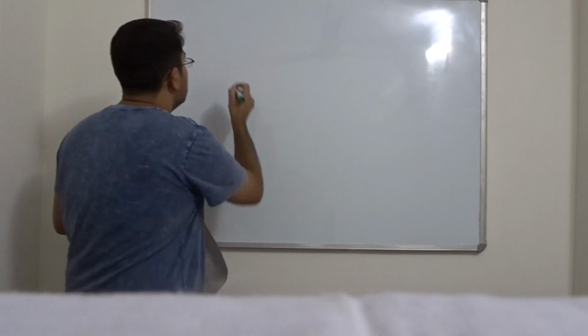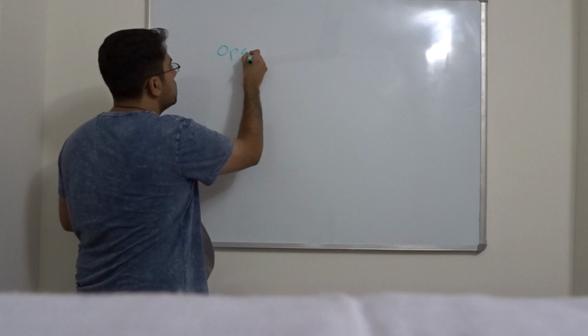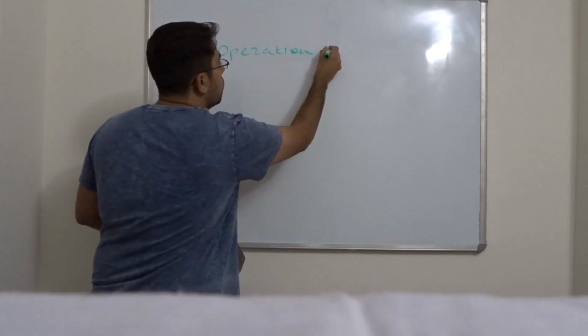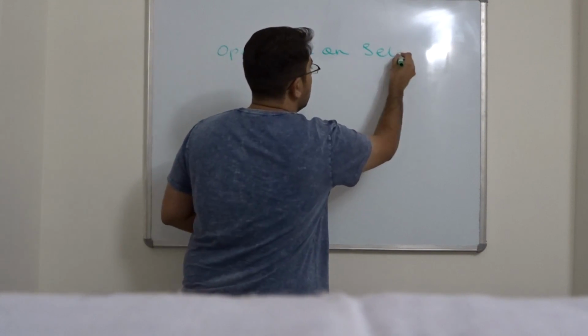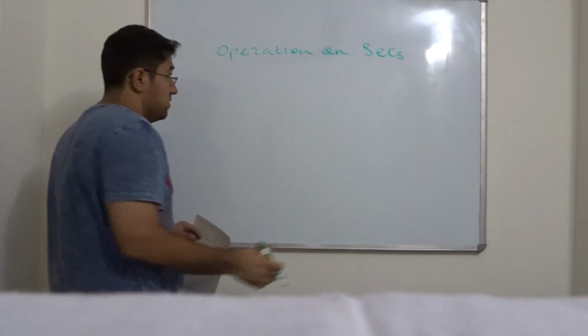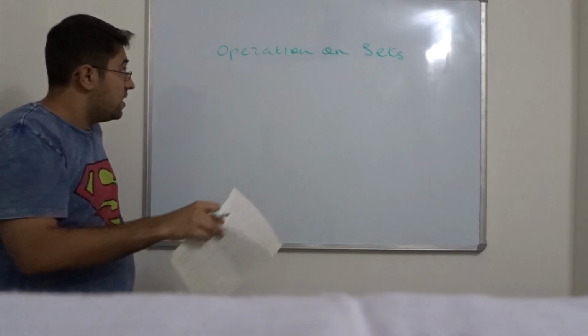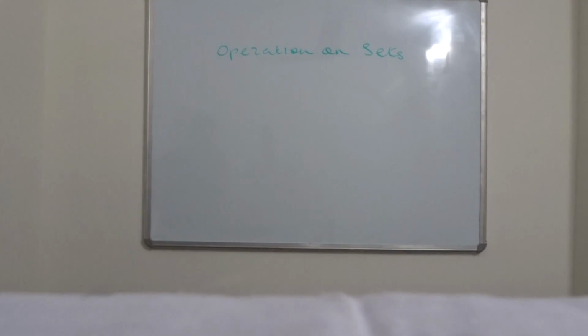So basically, let's do it. Okay, guys, operations on sets. You can also write operation of sets, but we're literally going to talk about the operations on sets, which is why I've written it like this. Please try and understand.